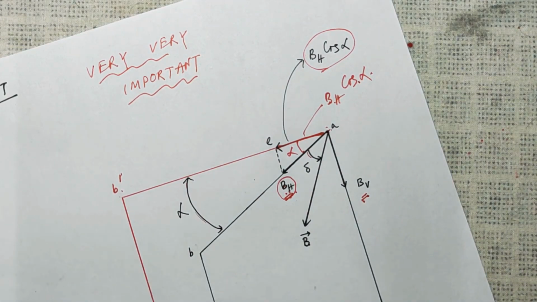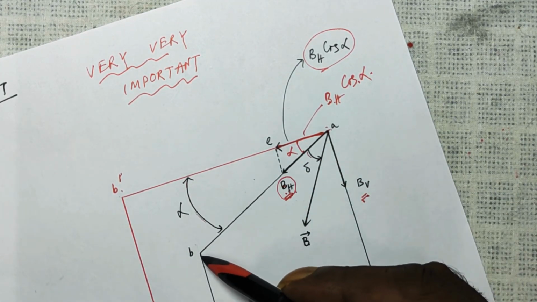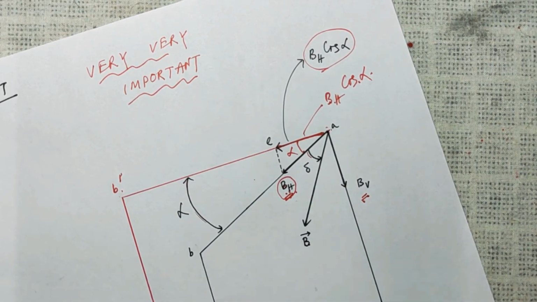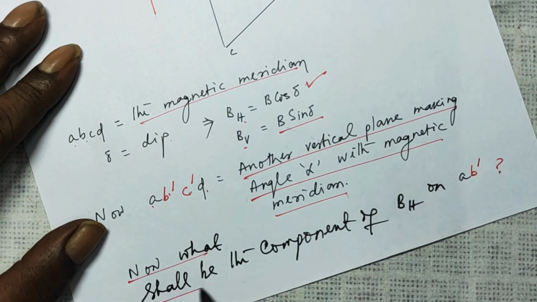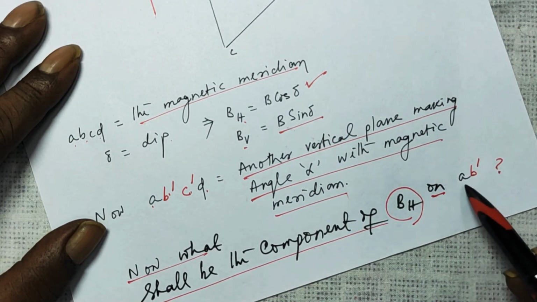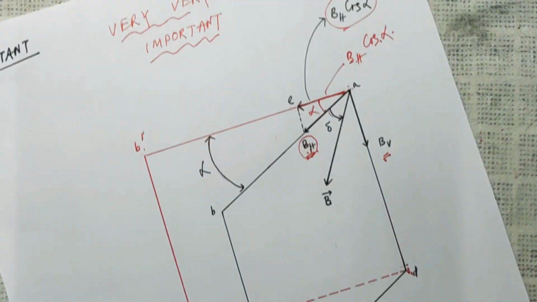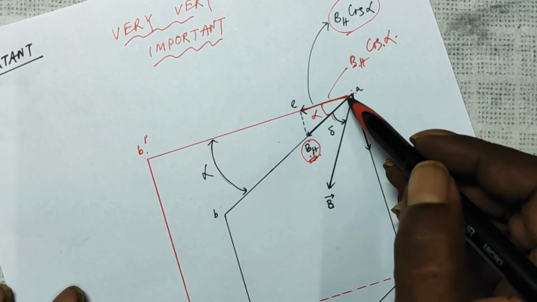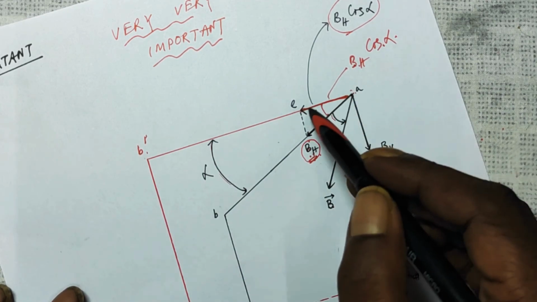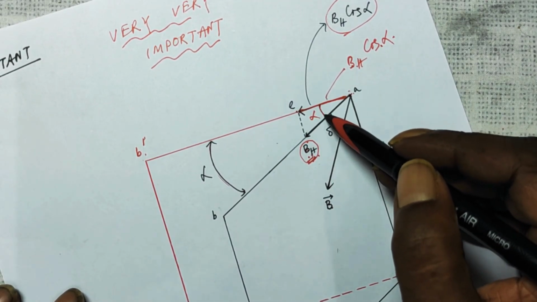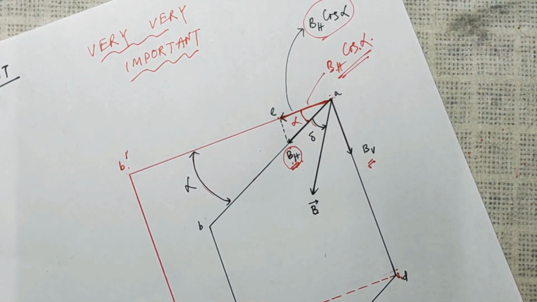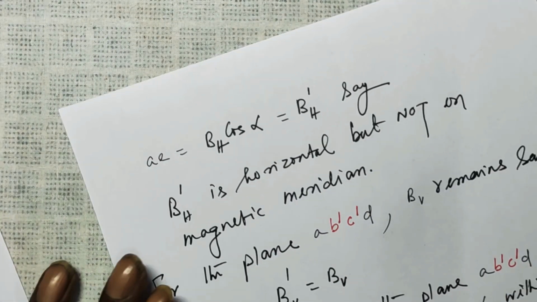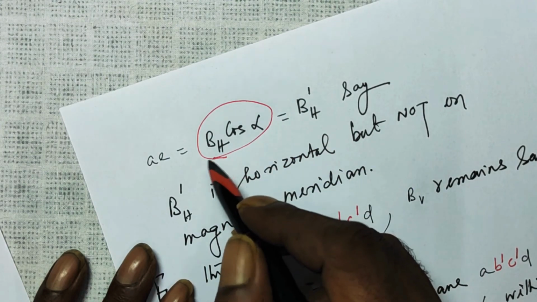Now the question is, what shall be the component of BH on AB dash? That is this one from A to E. Since this angle is alpha, this will be your BH cos alpha.